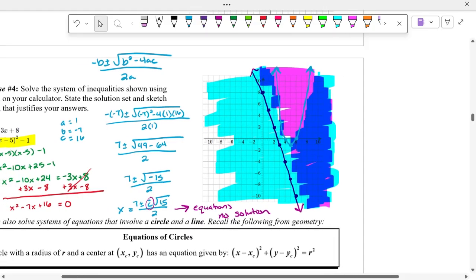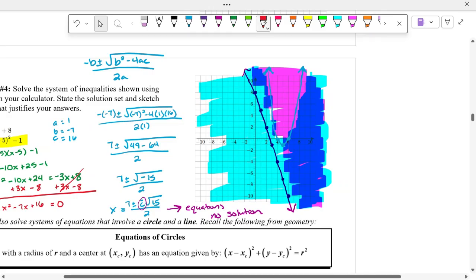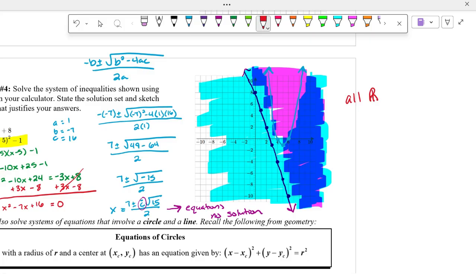Basically, how we would write this is that it would be all real numbers. Can someone shut that door, please?